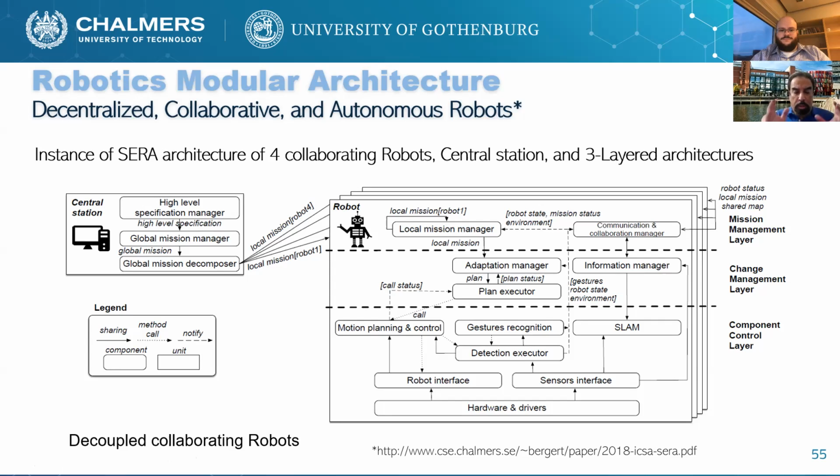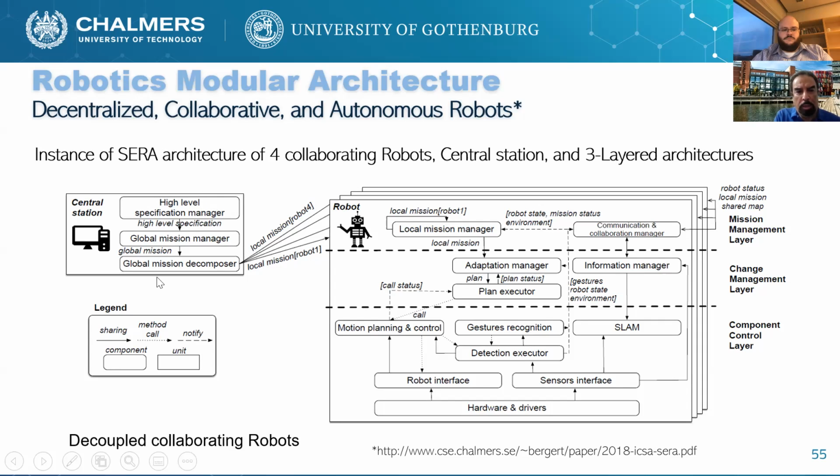So they divided the functionalities, duties and purpose across four robots and created a collaborative community of robots. Each robot has three layers: one we call mission management, and a change management control and components control layer. Through this design architecture, they were able to define a function for each robot.